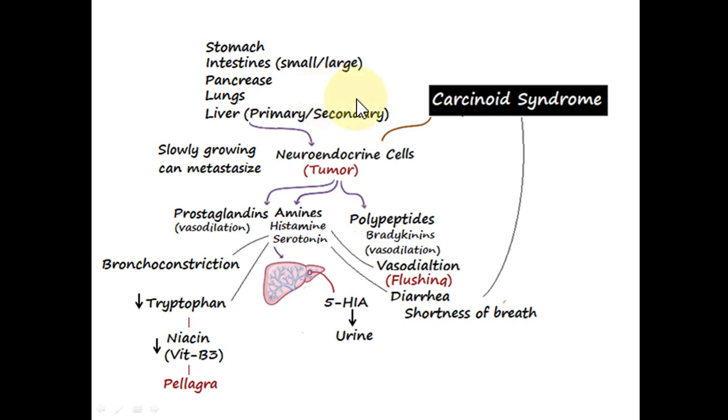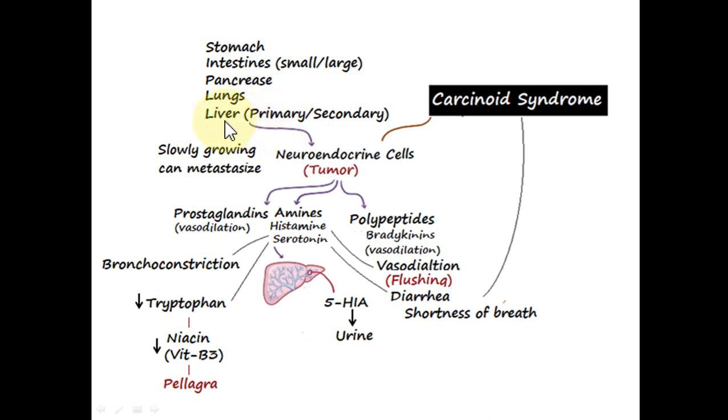But here an important point to remember is that if the carcinoid tumor is in the gastrointestinal tract or pancreas, the blood from those regions is carried through the portal system into the liver, and most of the hormones are detoxified. And a very small percentage of patients will develop symptoms.